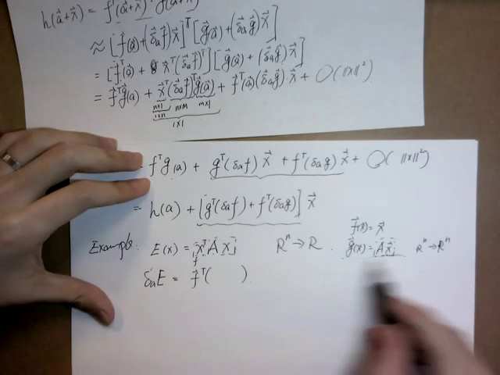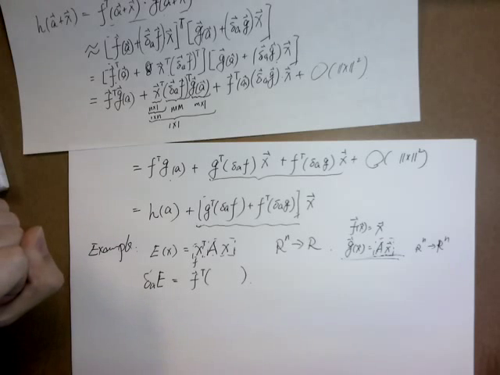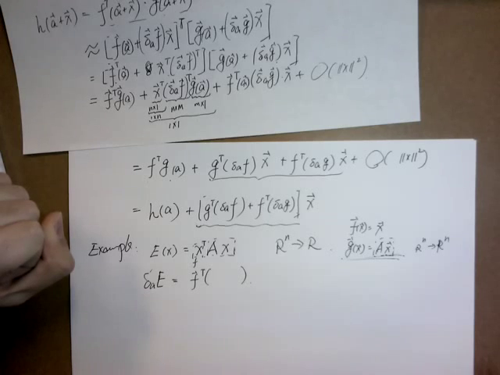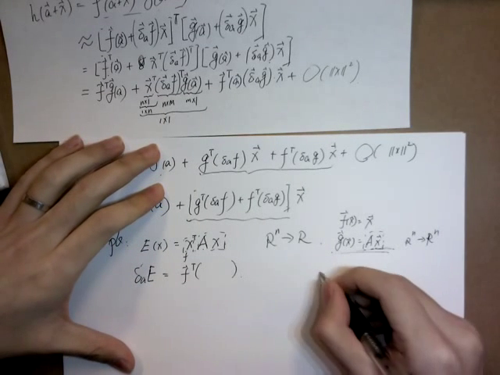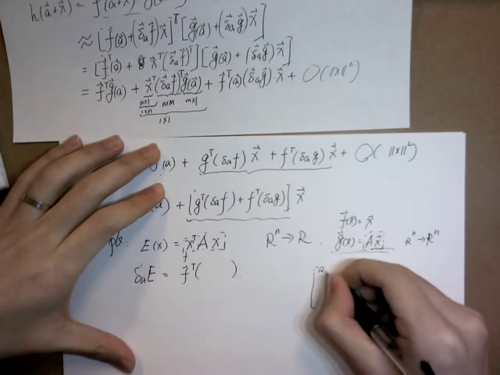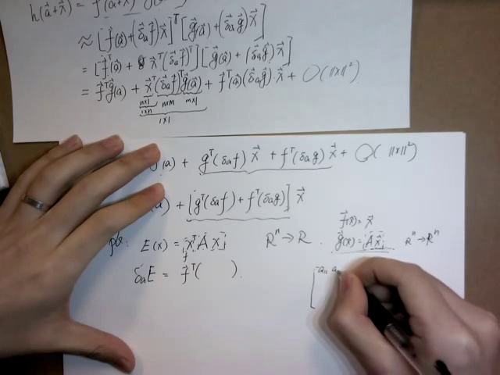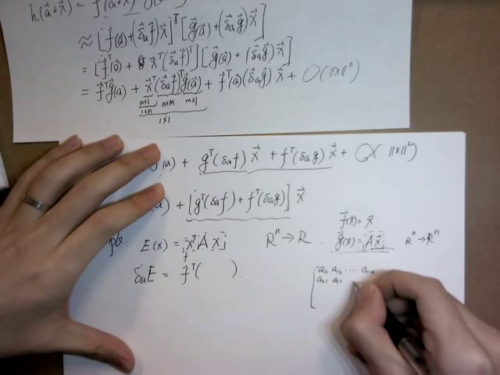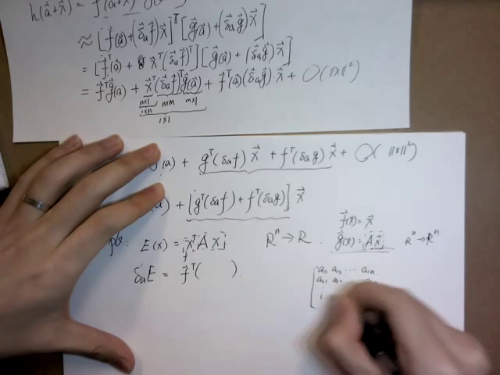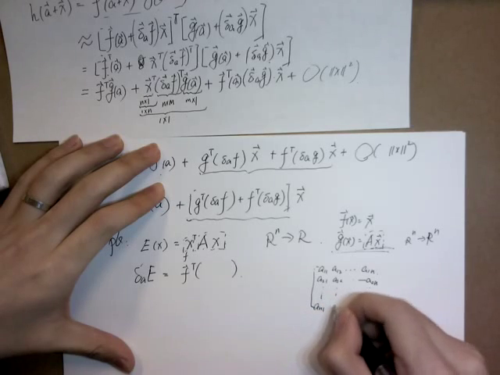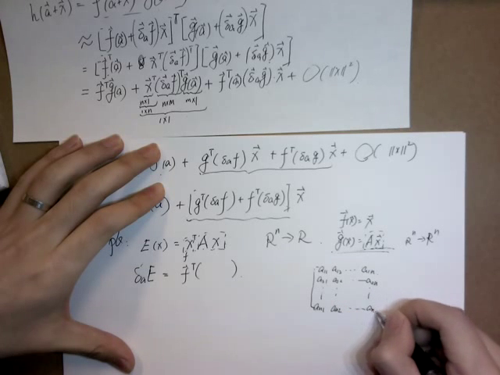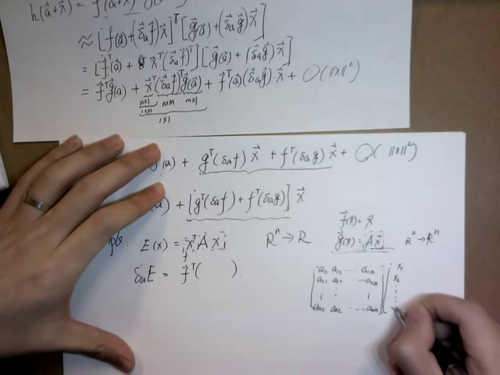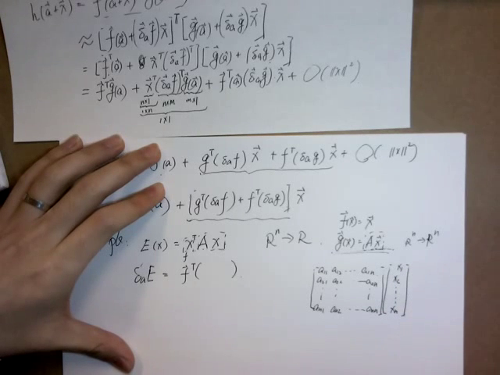And what's the Jacobian matrix of this one? If I expand it out, it will be A11, A12, A1n, A21, A22 to A2n, and goes to An1, An2 to Ann, times x1, x2, and so on to xn.